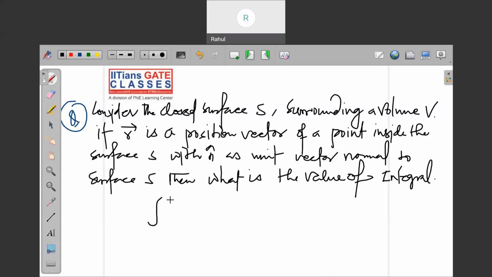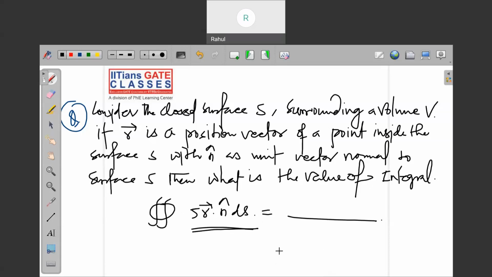They have given the integral here, that is 5 r vector dot n cap dS. So you have to find the value of this, and they have given some options as well, right?